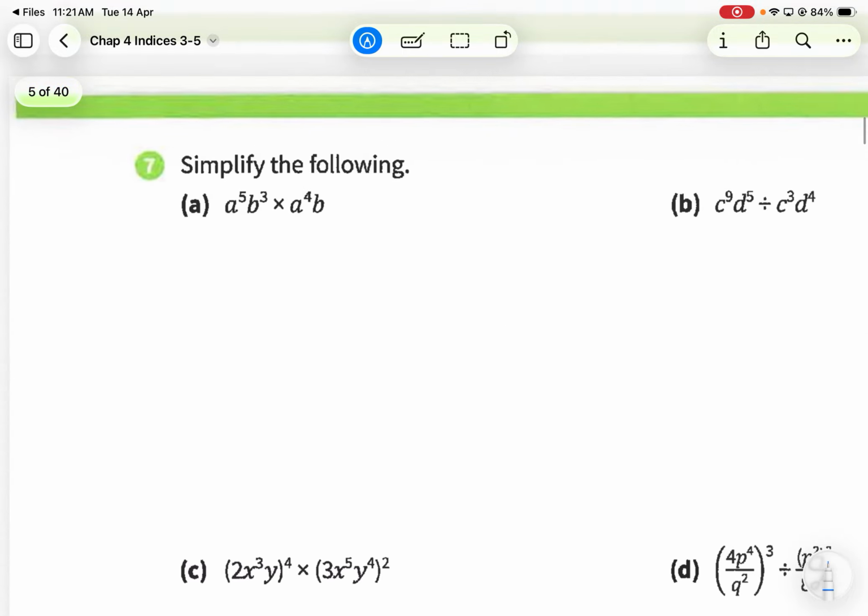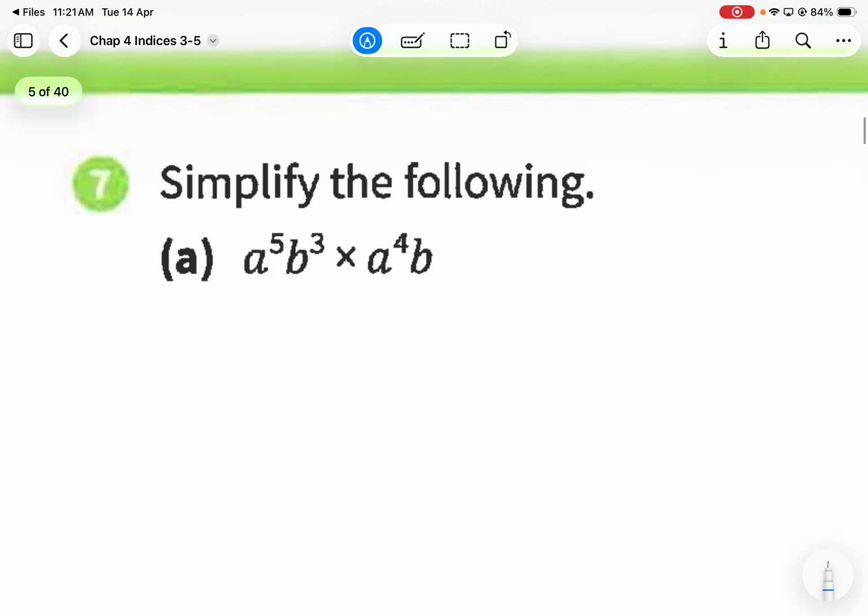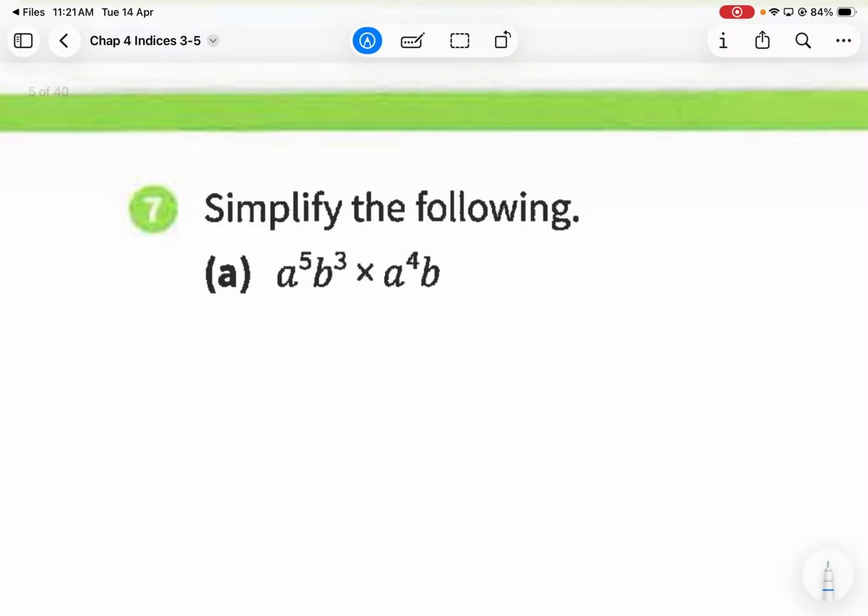Next, question 7. Okay, for this question, a lot of people have difficulty in algebra. Is because you don't go and look at it at the root. What is it talking about?